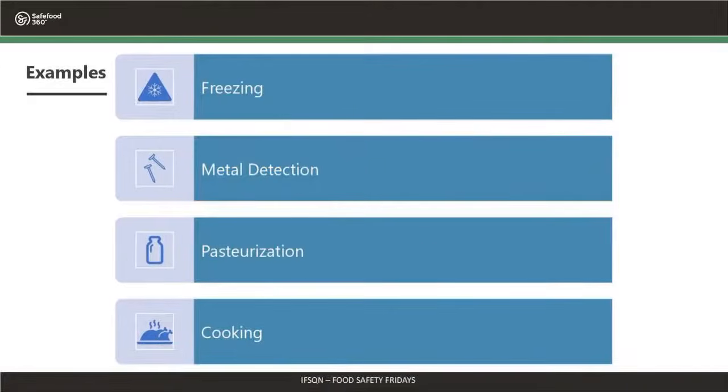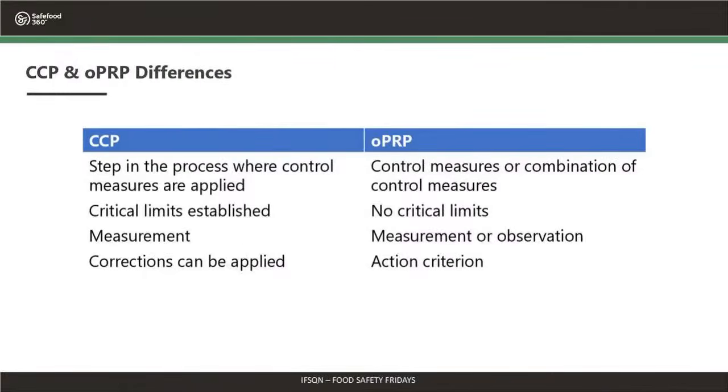So next, we have some examples of CCPs like freezing, metal detection, pasteurization, cooking. So just to have a look at some of the differences.